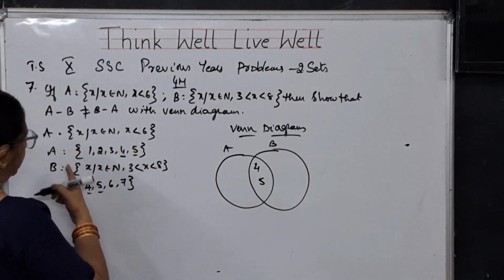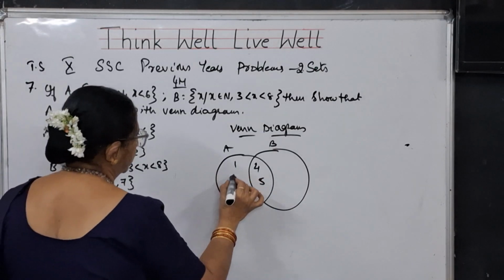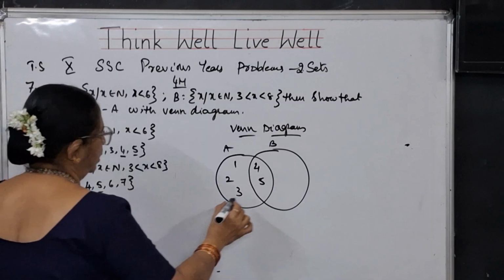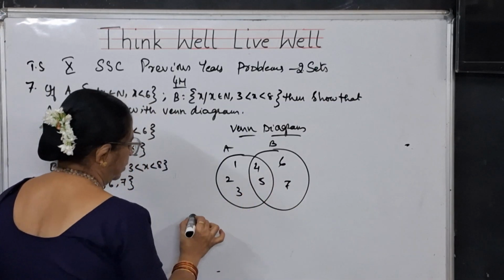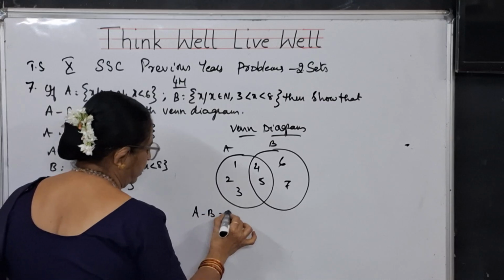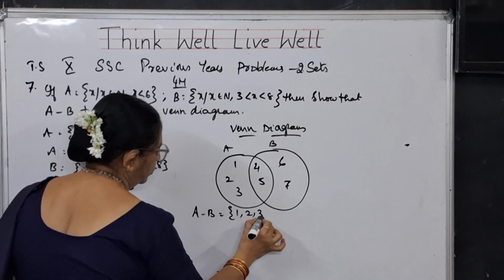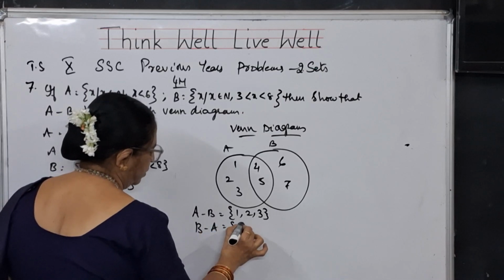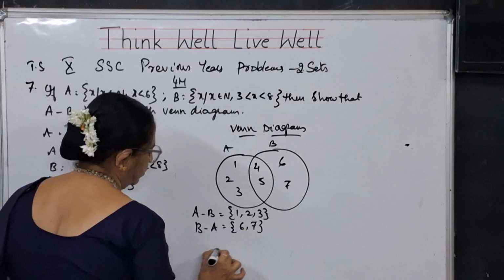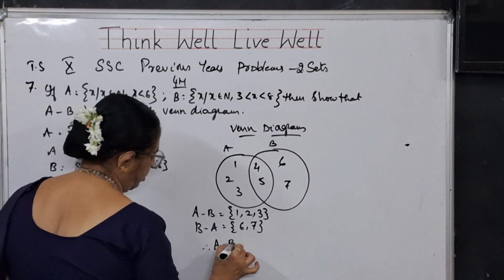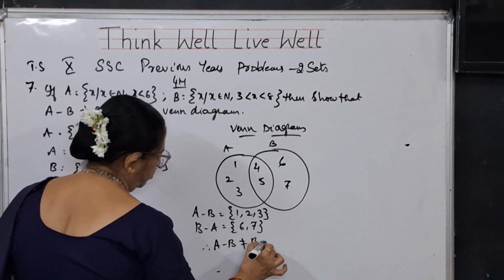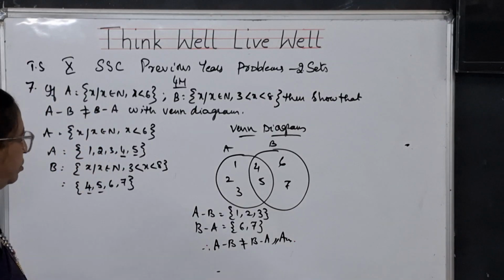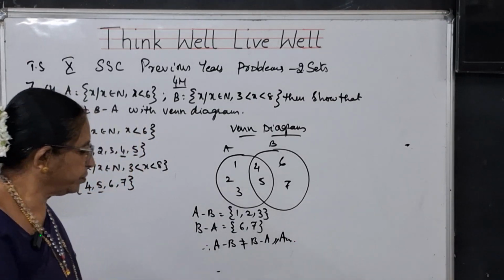In A, apart from the underlined, you have 1, 2, 3. And in B, apart from the underlined, you have 6, 7. So A minus B is 1, 2, 3. And B minus A is 6, 7. Therefore, A minus B is not equal to B minus A. This is the answer for this problem, children. Please copy it.